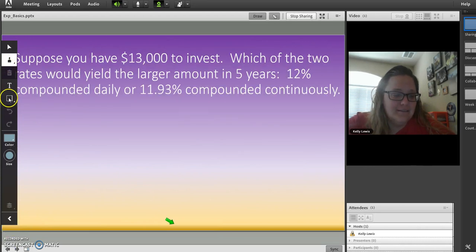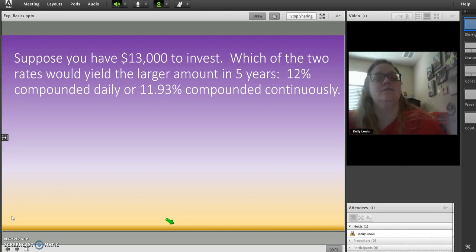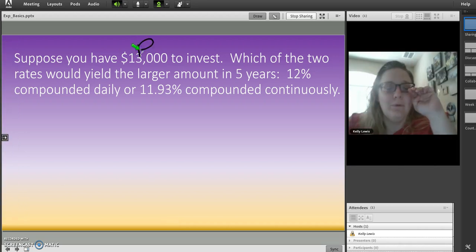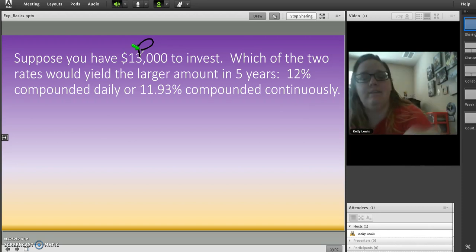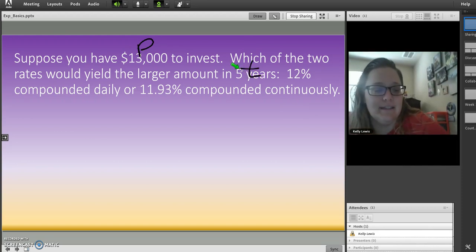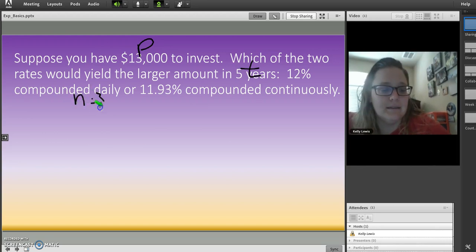Okay, let me check my thing. All right, suppose we have 13,000 to invest in P. Which of the two rates would yield a larger amount in 5 years? So that's P. 12% compounded daily, so that means N is 365.